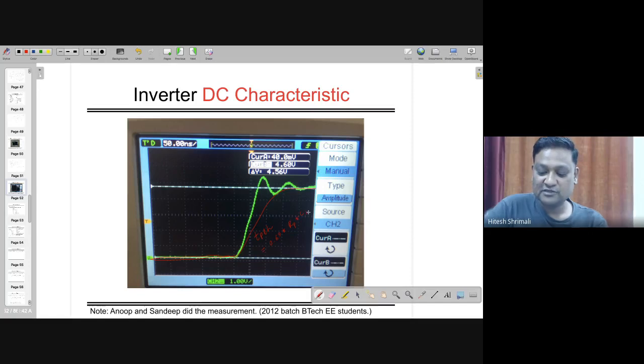This is what we just learned, but we also learned that this is a first order effect. But in practical things, it's not a first order thing, it's a second order or higher order thing, because of which we are seeing such fluctuations.